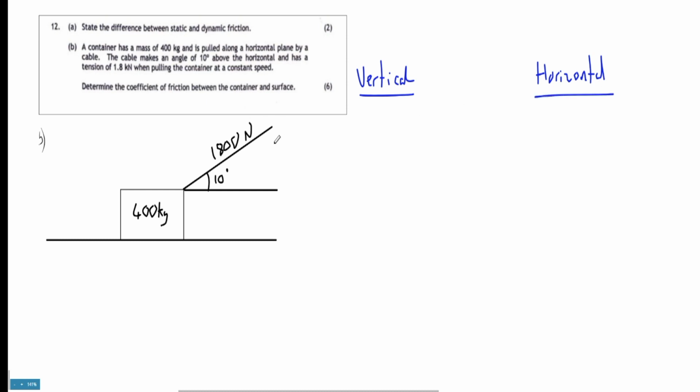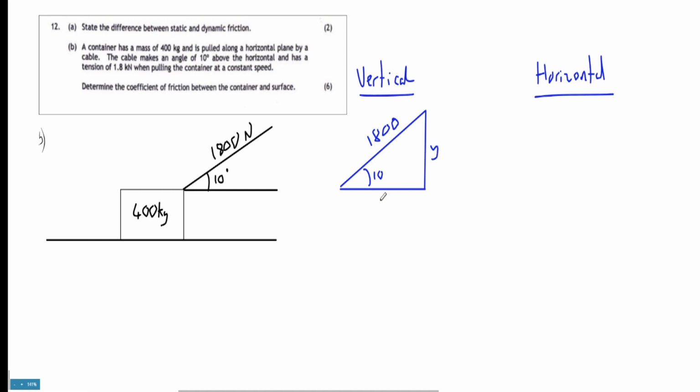And we're going to use SOHCAHTOA to break this apart to get those two forces out of it. Can I do that without using up all my space? I think so. I'll just copy this force triangle off to the side. This triangle is this blue one up here. Right, okay, so this is 10 degrees and this is 1,800 newtons, and we can use SOHCAHTOA to get these two parts.